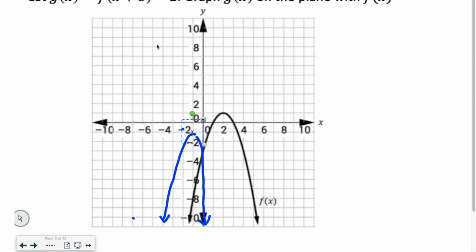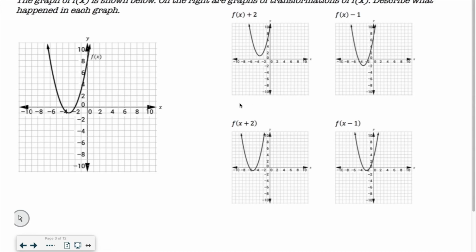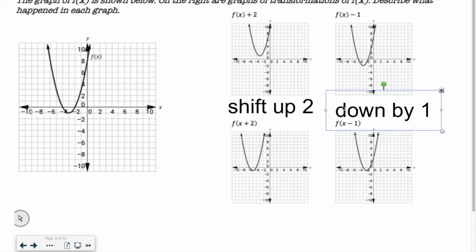So I just want to go back to this page really quick, just so you know what happened here. For this one, they are shifting up 2. For this one, because they are minus 1, down by 1.